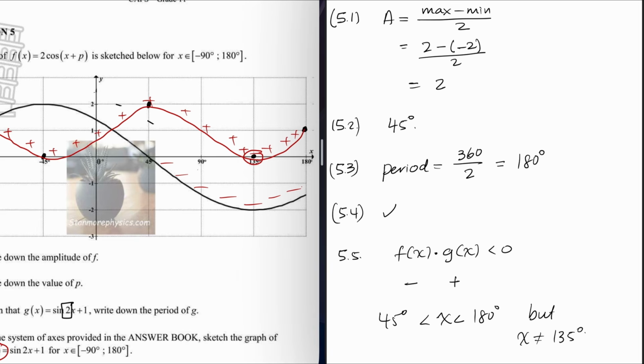And the reason why it can't equal 135 is because the g of x graph is equal to 0 at that point, and the question is not specifying that the product can equal 0. The product must be less than 0. Okay, so anywhere in this region here, that's where we're interested in, and of course it cannot equal that 135 value.